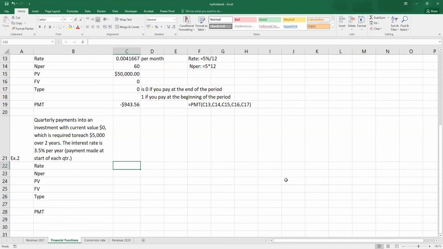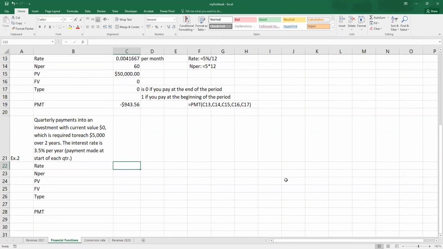Let's analyze the problem first. You are asked to find the quarterly payments, which means you have to use PMT if it's applicable. If you plan to use the PMT function, there are two assumptions that I told you in the last class.